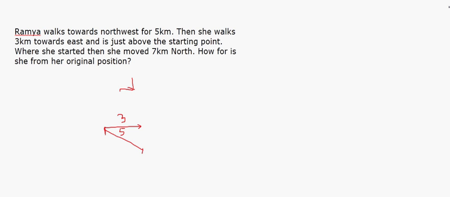So if this is the starting point, she is just above this starting point, which means she is now north of the starting point, right? So now this becomes a Pythagorean triplet, 3 4 5. So this is 4, right?